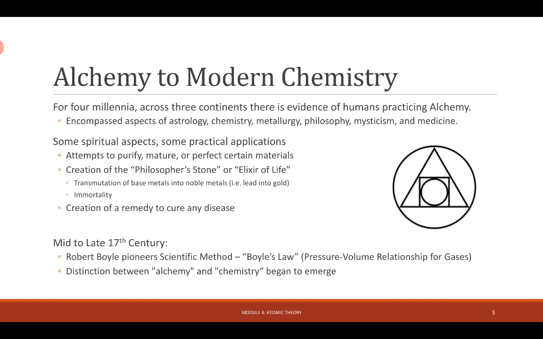Alchemy involves various different sciences and pseudosciences and not even science topics together, such as astrology, reading the stars, with chemistry, metallurgy, philosophy, mysticism, medicine. And so it was practiced with some spiritual aspects, but also some practical applications.